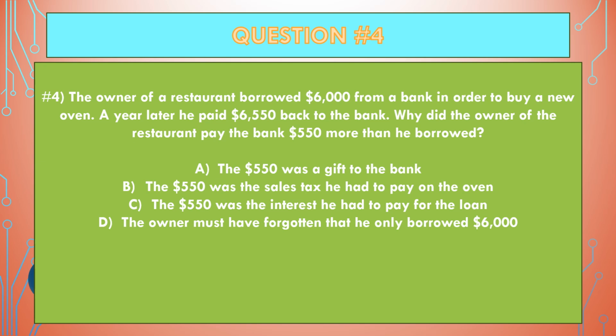B says the $550 was the sales tax he had to pay on the oven. C says the $550 was the interest he had to pay for the loan. D says the owner must have forgotten that he only borrowed $6,000.